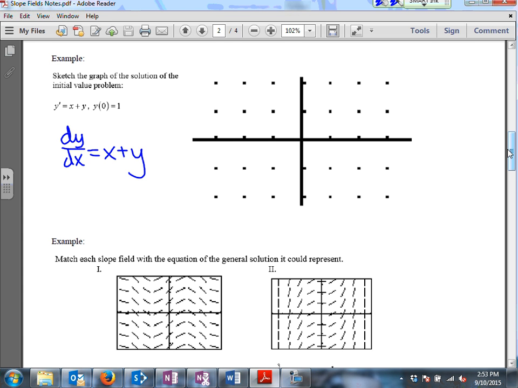Are you going to see a pattern? You kind of see a pattern diagonally, right? You should.